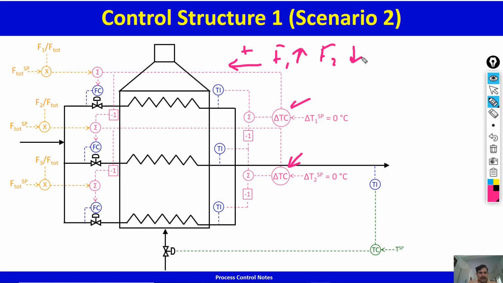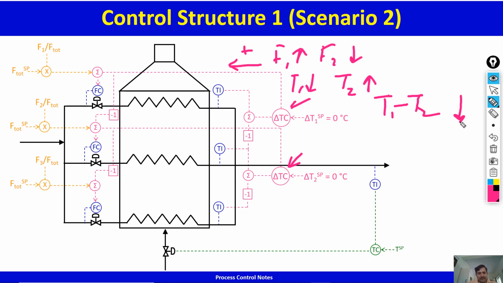If that happens, so if F1 is increased, what will happen to the T1? T1 will decrease, and because F2 is automatically decreased, T2 will increase. And therefore T1 minus T2, which is delta T1, will decrease.